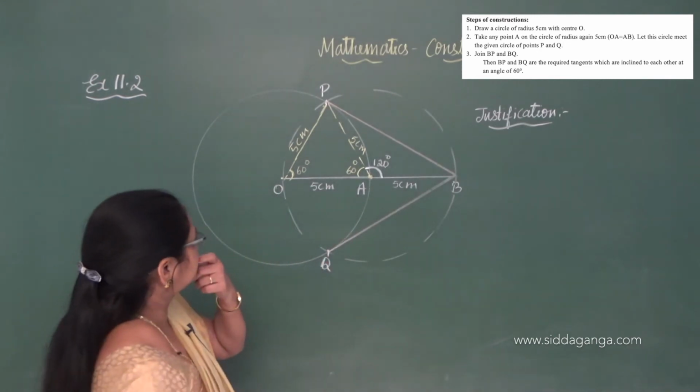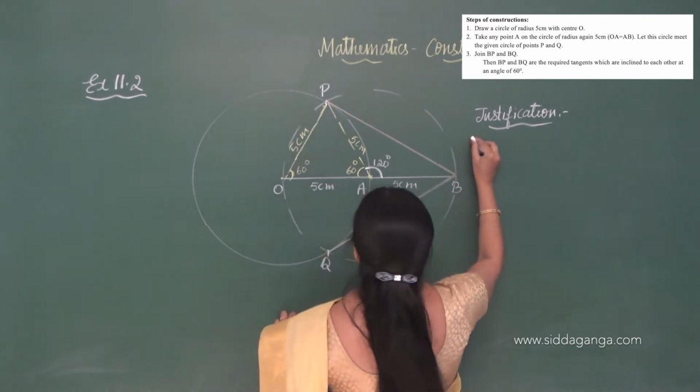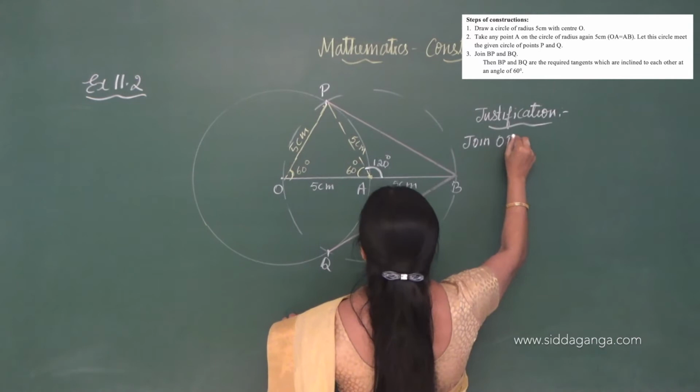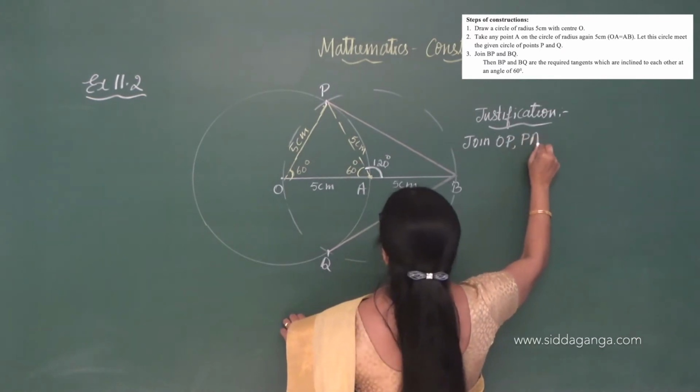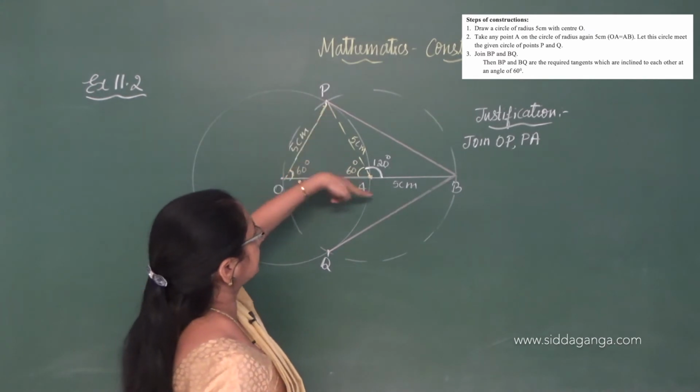So now, okay, justification for that you have to draw, join OP, PA. Okay, first I have joined OP and PA.